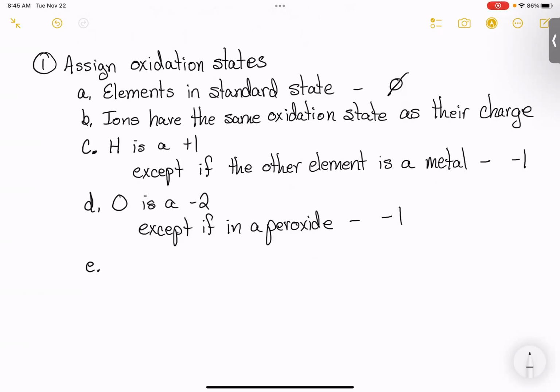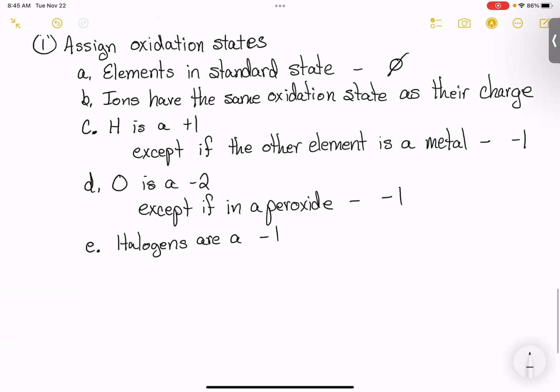Rule number 5. Halogens are a -1. Now, there are two exceptions. Except if combined with oxygen, and the oxygen rule is more important.